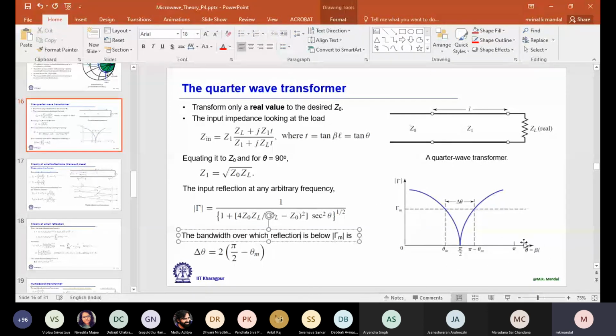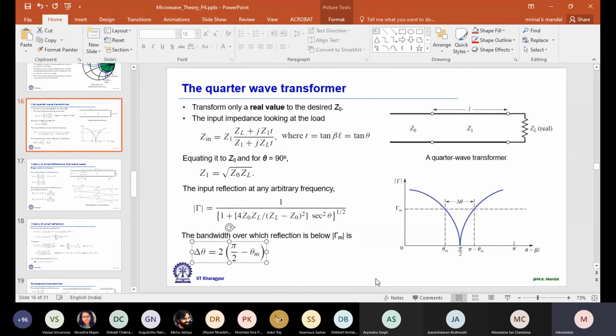Theta is proportional to frequency. We consider theta equal to beta L, so that means theta is proportional to frequency. And at the design frequency, theta is equal to pi by 2. So a lower angle means lower frequency, and a higher angle means higher frequency. Then the bandwidth is given by 2 into (pi by 2 minus theta m).